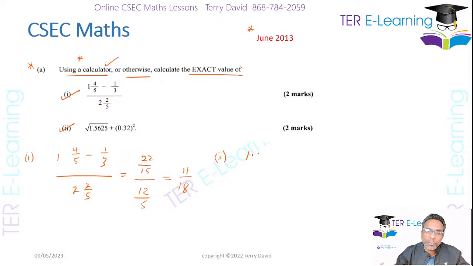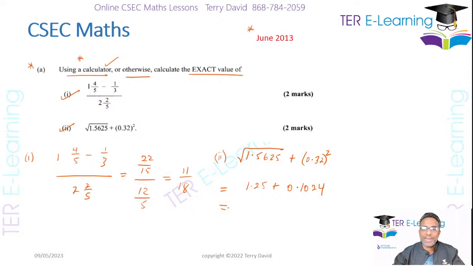So I have the square root of 1.5625, plus 0.32 squared. To do something like this, what you would do is find the square root of 1.5625 first. When I do that, I'm going to get 1.25 here, plus 0.32 squared, and you're going to get 0.1024.